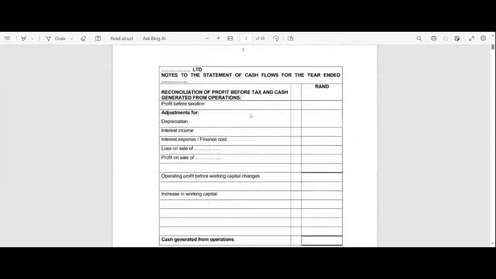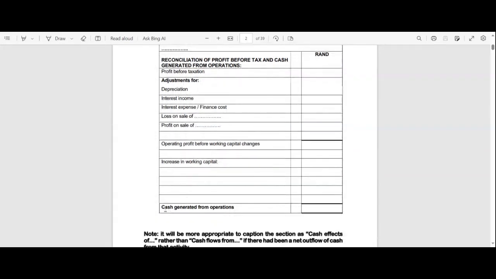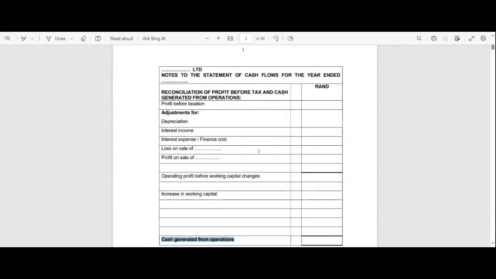So if this is now our main statement, let us go and have a look at the note. The note, which is now the cash generated from operations disclosed using the indirect method. So here you can see it also ends with that exact same description, cash generated from operations. So that is where our note ends, right?